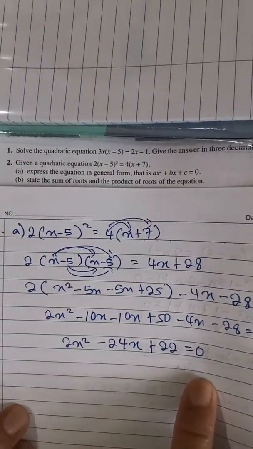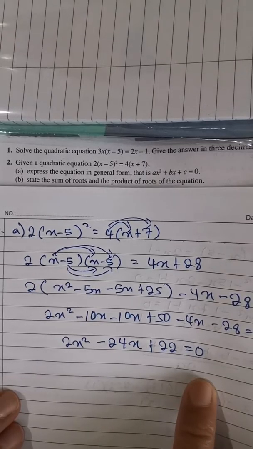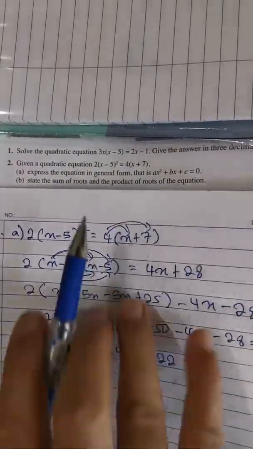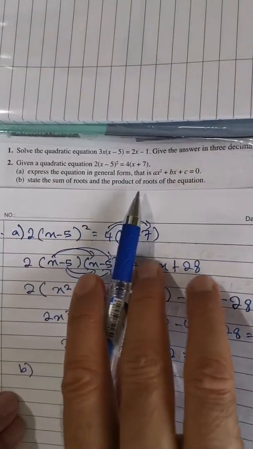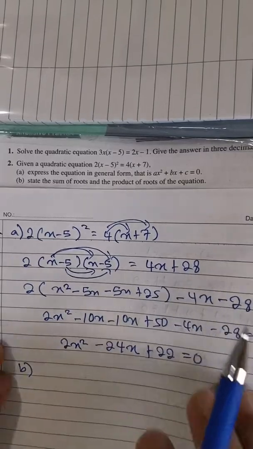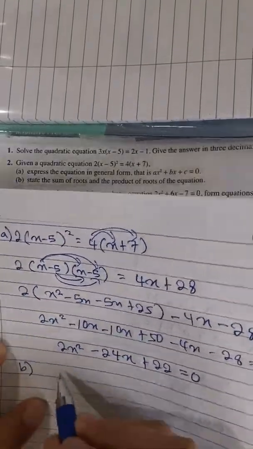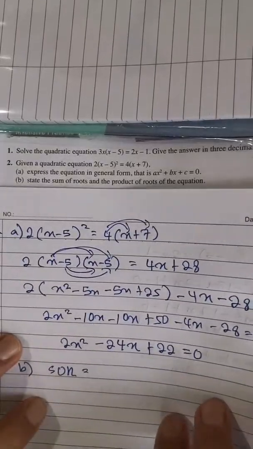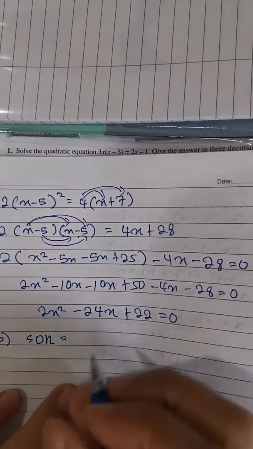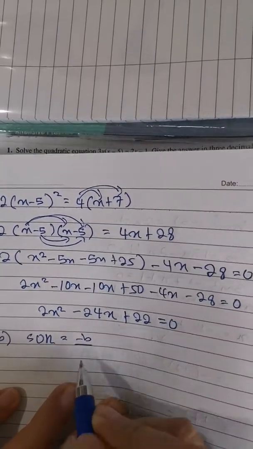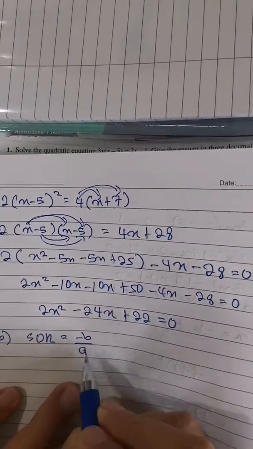Done. Okay. And for B, state the sum of root and the product of root of the equation. Sum of root. From this equation, we want to find the sum of root. What is the formula for sum of root? That is negative b over a.